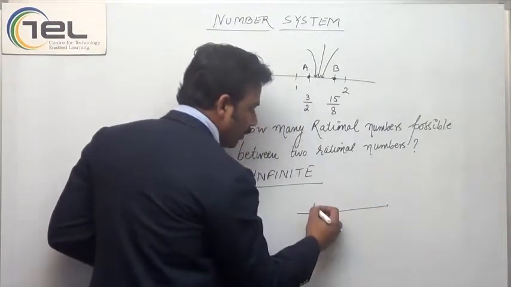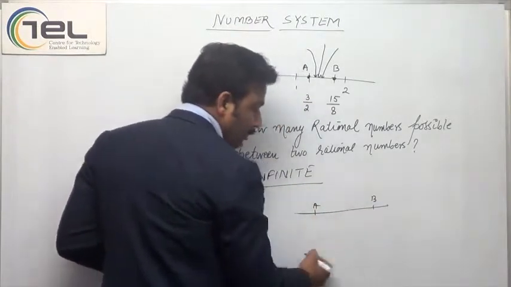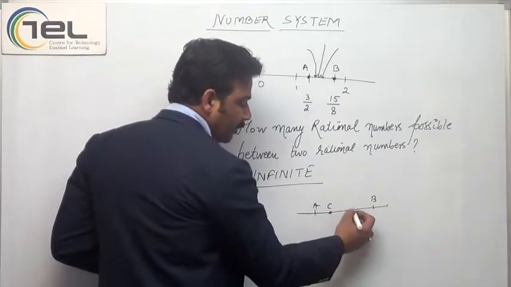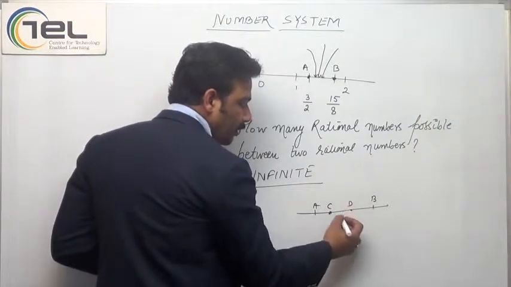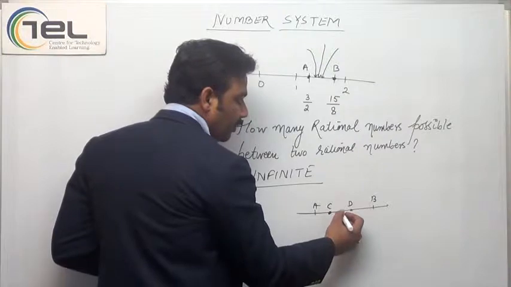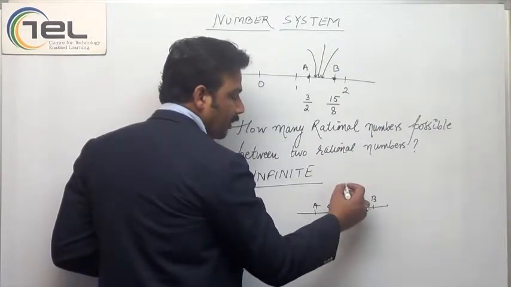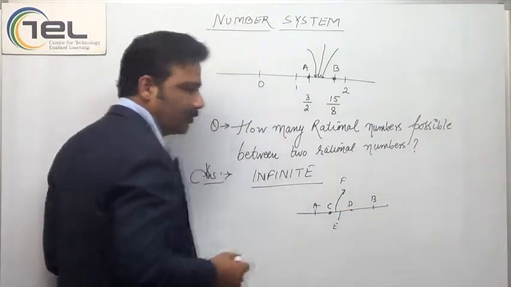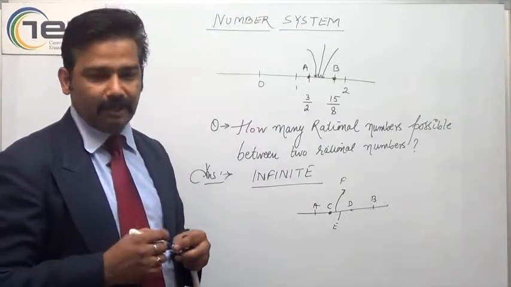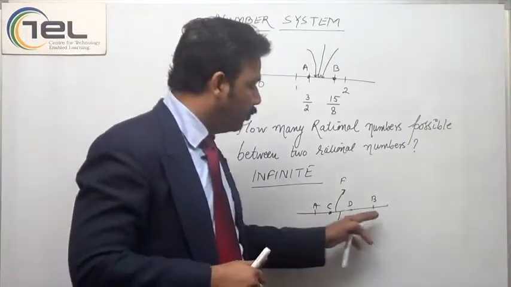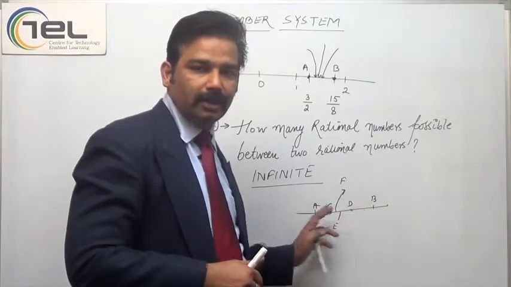If these are the two rational numbers A and B, there is a rational number here, C, there is a rational number here, D, and between C and D there is a rational number E, between C and E there is a rational number F, and like this we have an infinite number of rationals between any two given rational numbers.